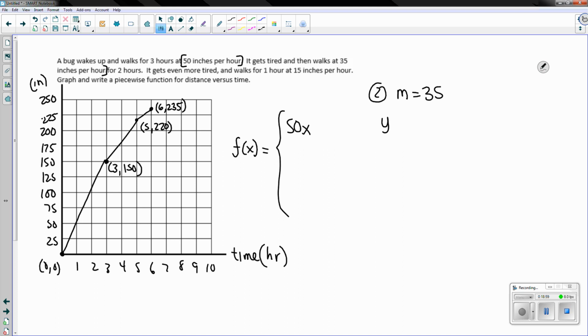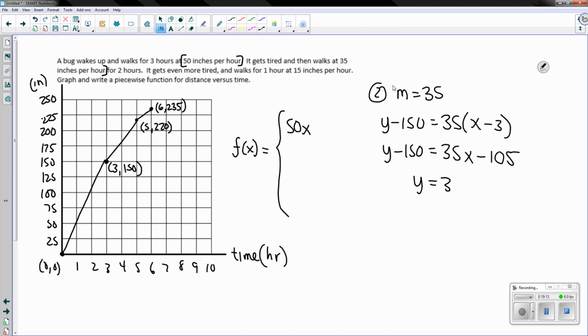So y minus the y coordinate equals the slope, x minus the x coordinate. We're going to solve for y. So 35x plus 45.